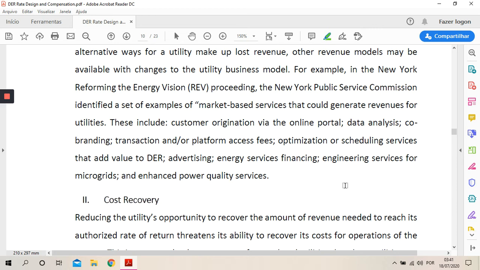These include customer orientation via the online portal, data analysis, co-branding, transaction or platform access fees, optimization and scheduling services that add value to the DER, advertising, finance and engineering services for microgrids, and enhanced power quality services.